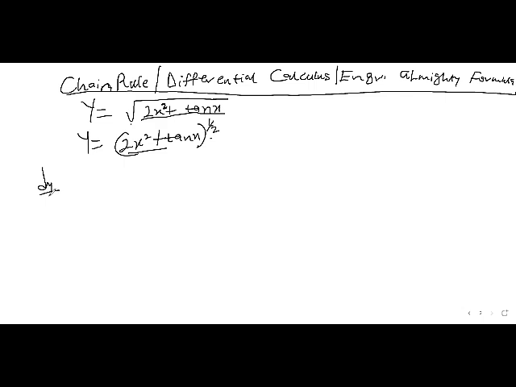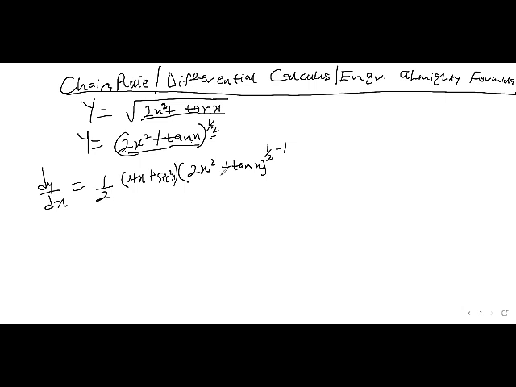So my dy over dx will be this. I will bring down this power, which is 1 over 2. Then I will also subtract 1 from the power. Don't forget, there's a reason why I'm giving this space. This space is to differentiate this guy and put it there. So I'll subtract 1 from that power. Then the last thing is to differentiate this inside guy. When I differentiate this guy, I'll get 2 times 2, that's 4x, plus sec square x.